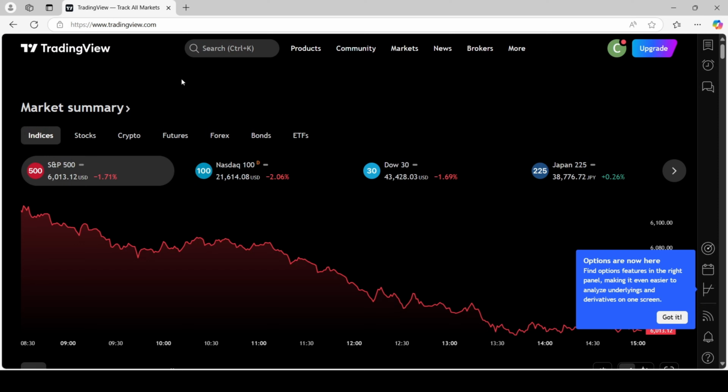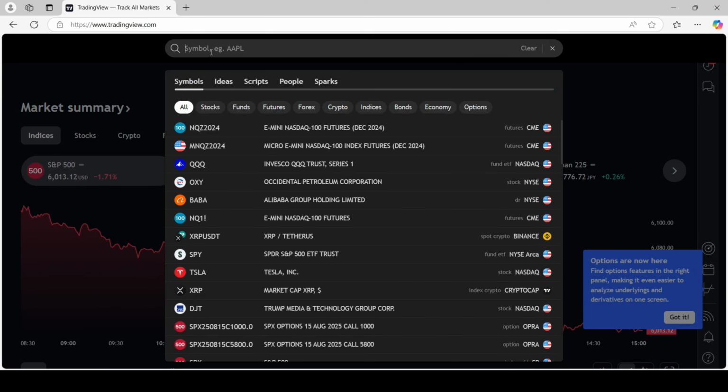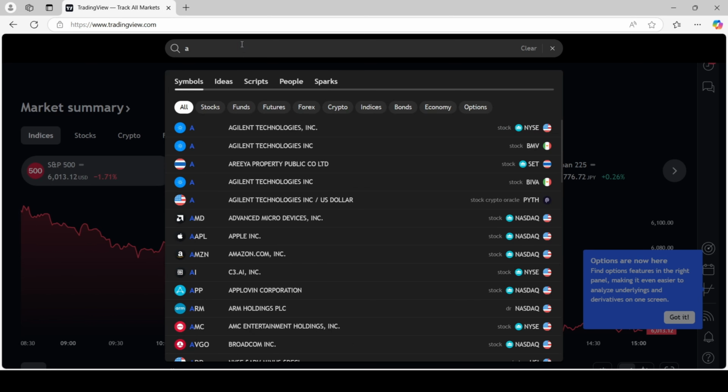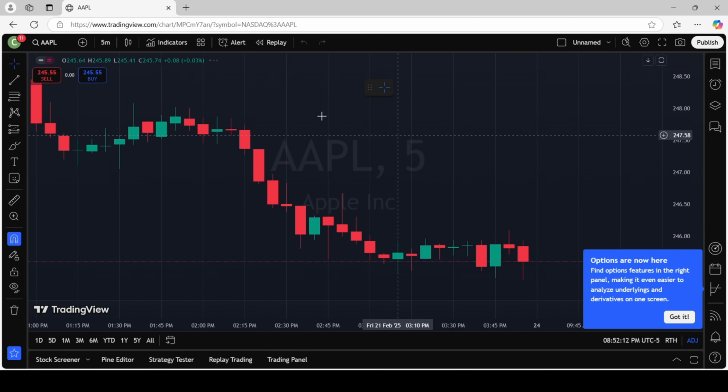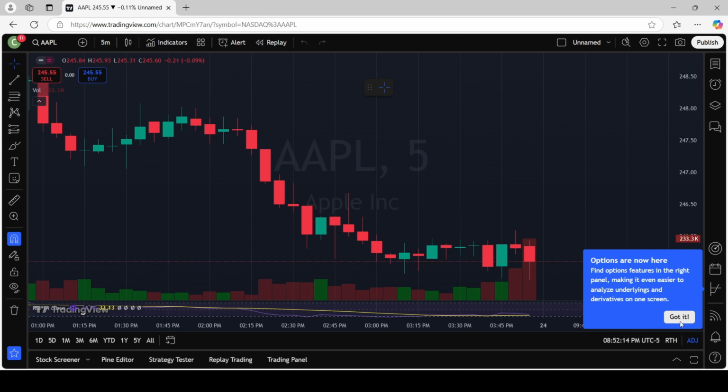You can go into the search box and look up stocks, futures, Forex, crypto, options, whatever you want to trade. It's all here. But we're just going to start with Apple. We'll pull up Apple and launch the chart. So here's the Apple chart.